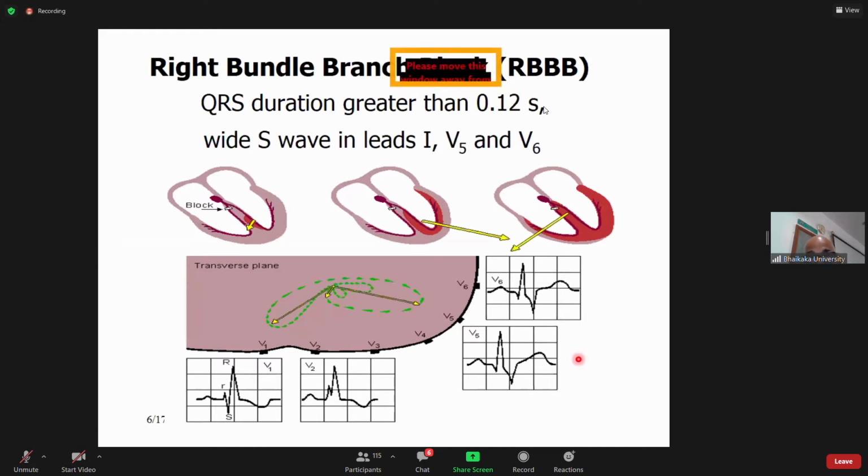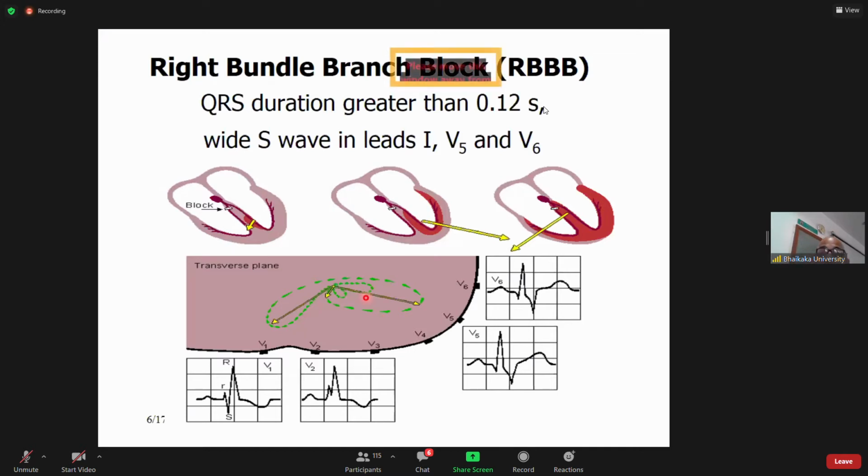Third, the duration for conduction of impulses, that means the QRS duration will change. Okay, so what you see will change. You will see QRS duration greater than 0.12 second. You might see changes in the progression of QRS complex from V1 to V6.